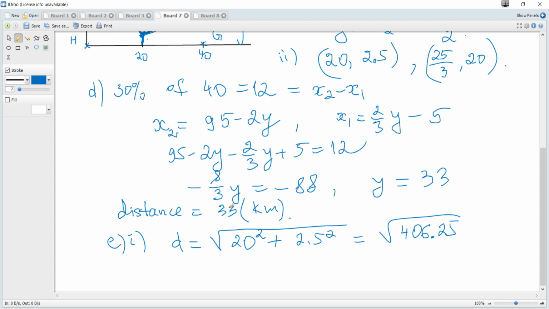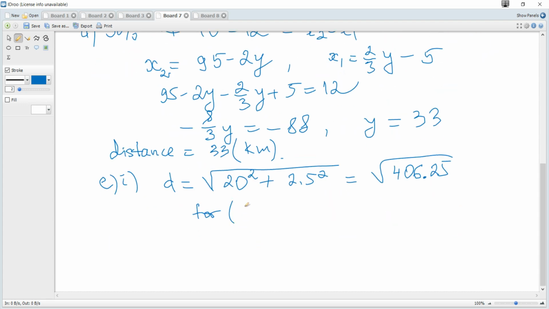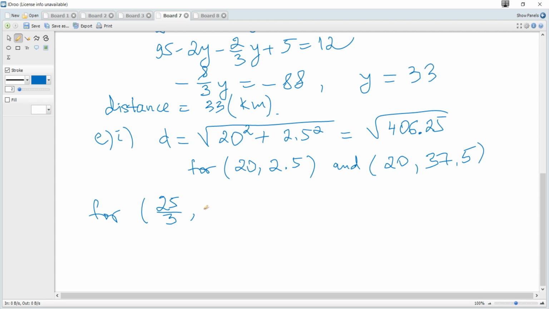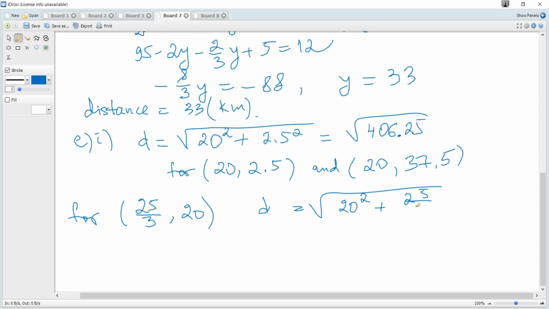Yes, it's correct, and it's for the vertices with coordinates 20 and 2.5 and 37.5, and for 25 over 3 and 20, the distance becomes the root of again all the same, 20 squared plus 25 over 3 squared.